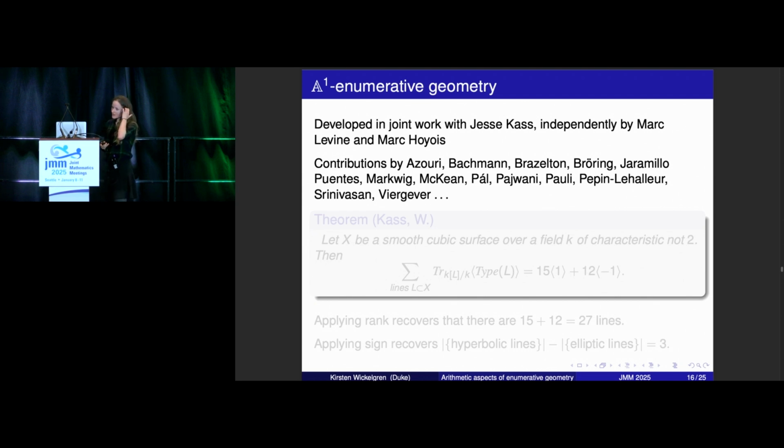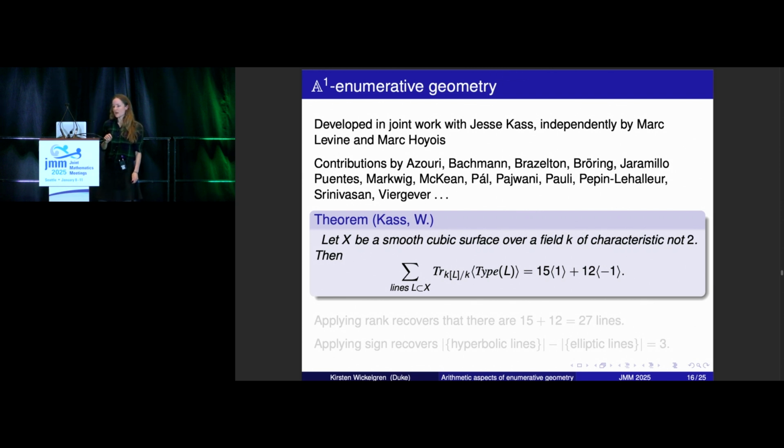And since we've set up the cubic surface, let's now take that theorem about the 27 lines and the 3 real lines, or the weighted count of 3 real lines, and say that we have a common theorem that generalizes these.